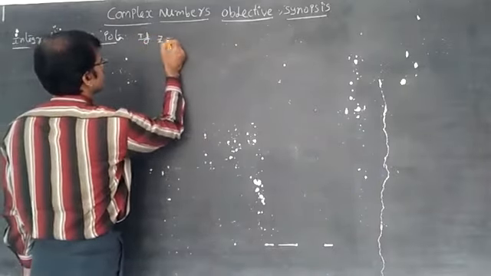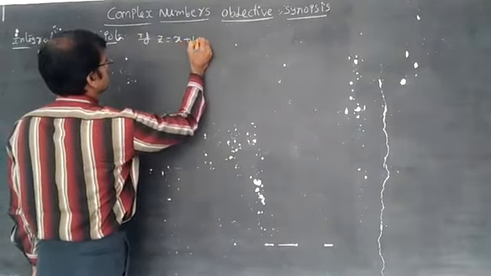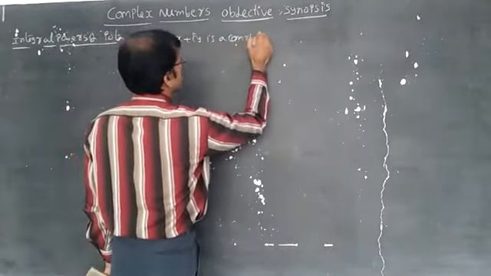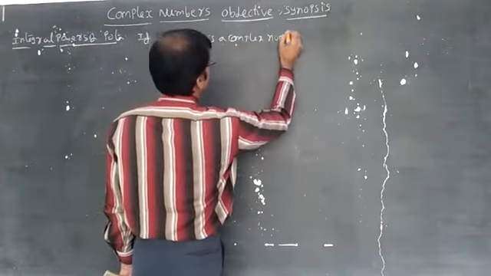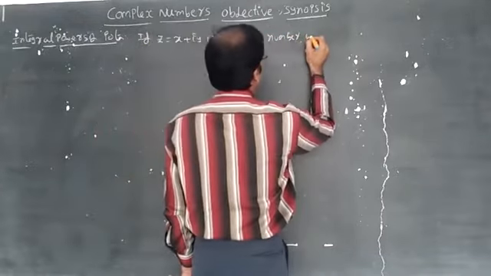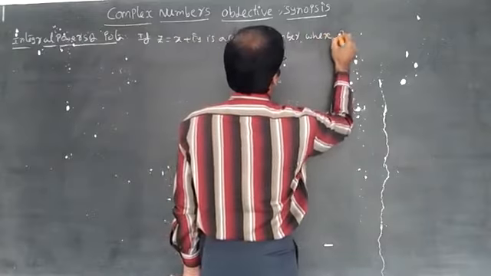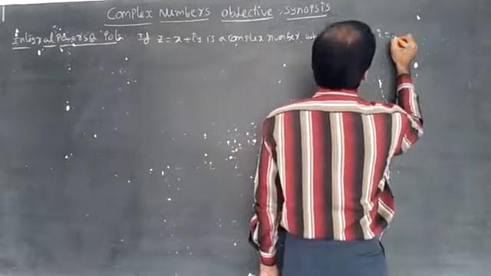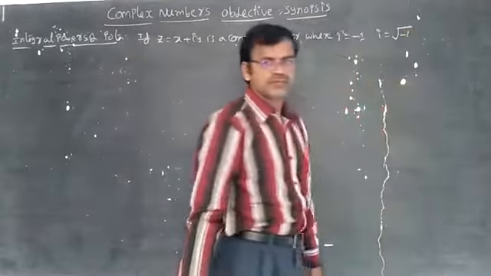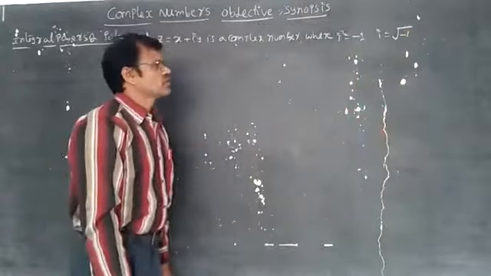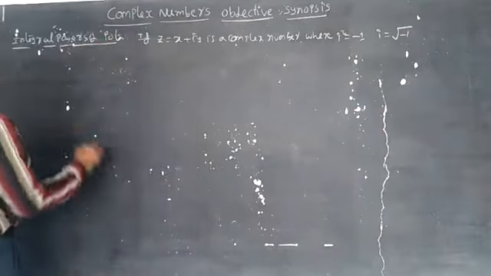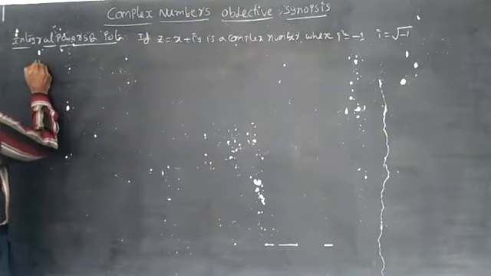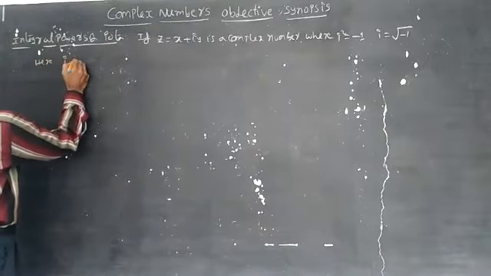If z is equal to x plus iy is a complex number, where i square is equal to -1, i is equal to root of -1. Here i is called iota.